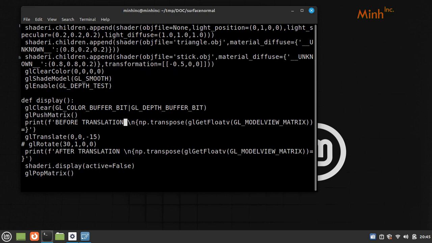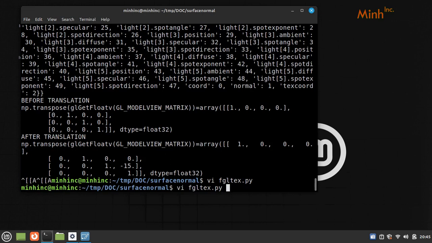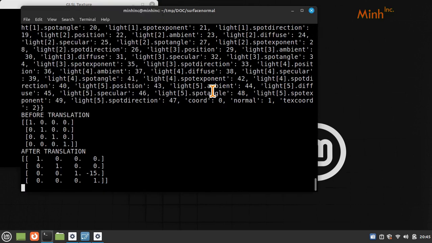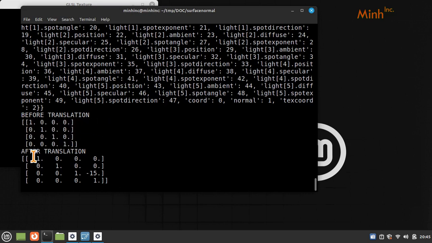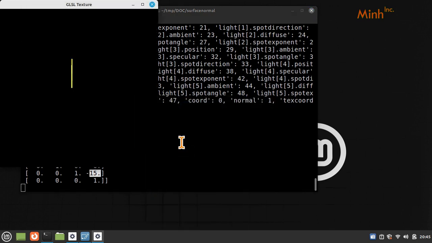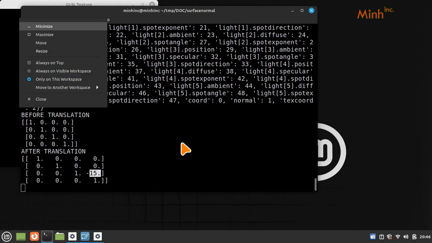Okay, so before translation and after translation. Okay, so far better. Now it is a unity matrix, whereas after the translation can we see X, Y and Z. So the Z component is minus 15 because I did a translation of minus 15. Okay, so this is the story.